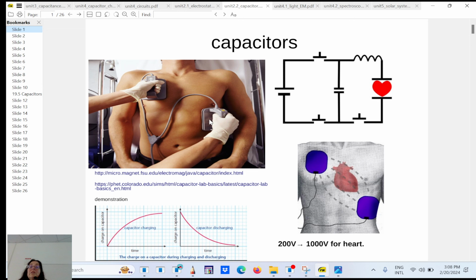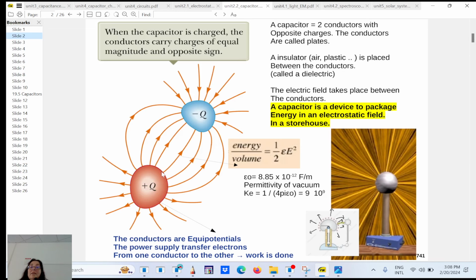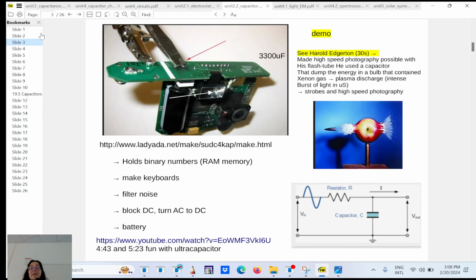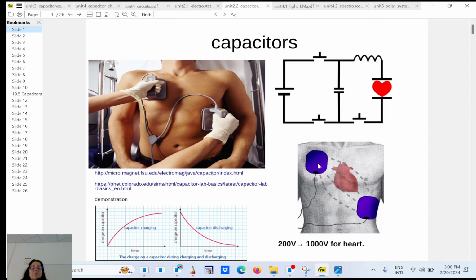Okay, so it's going to be charged. One will be positively charged and one will be negatively charged. So it's like a dipole. Between them, you're going to have an insulator. So you see, you have one positive, the other one negative. Before you place it on the body, between them, you're going to have the air.